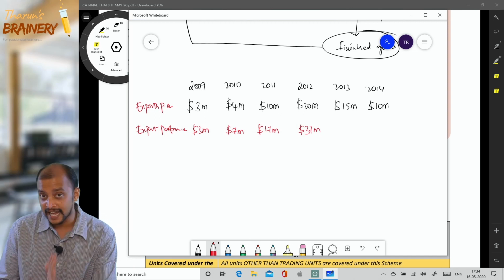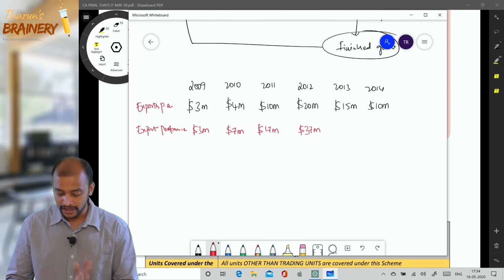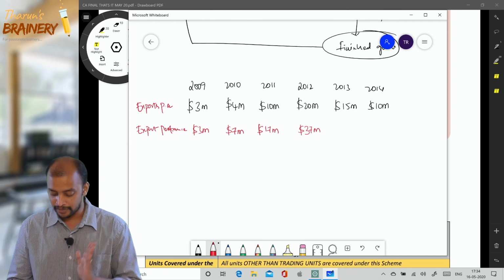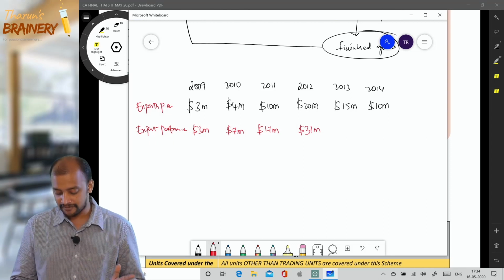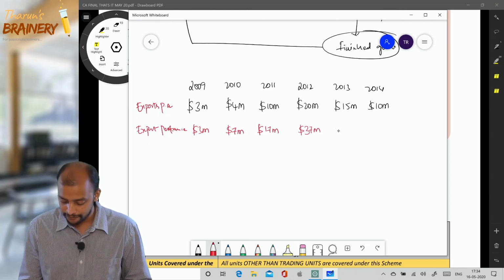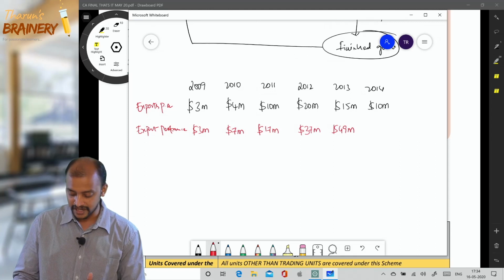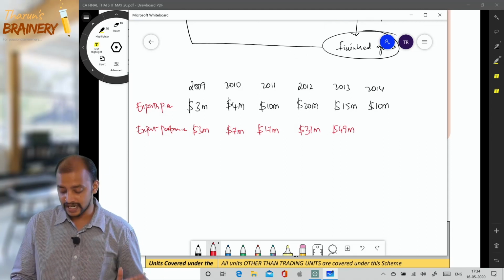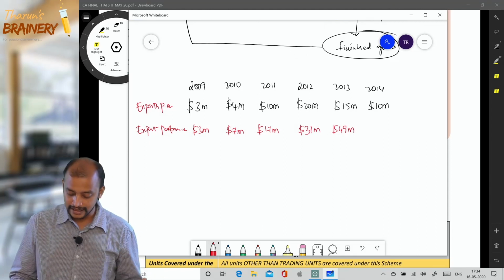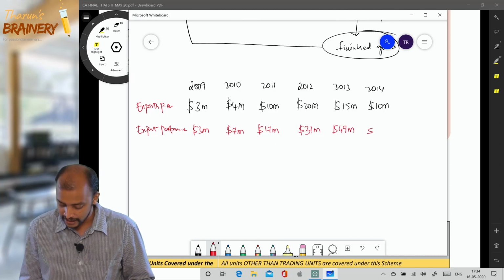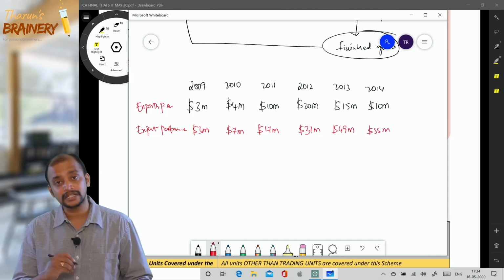And 2013, be careful, don't take everything. You need to take current and the previous 3. So 15 plus 20, 35 plus 10, 45 plus 4, $49 million. In 2014, current plus previous 3. So 10 plus 15, 25 plus 20, 45 plus 10, $55 million.